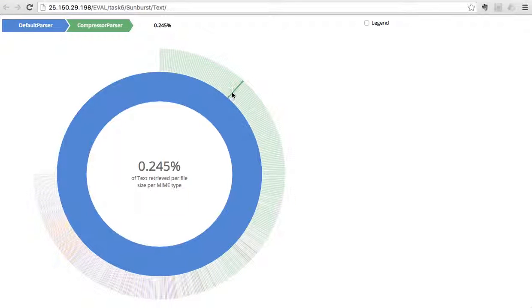In this file, the ratio is 0.245%, and the first parser called is the default parser, and next is the compressor parser. Here are some other examples. Let's take this for example. The first parser is the default parser. Then the next is the office parser.